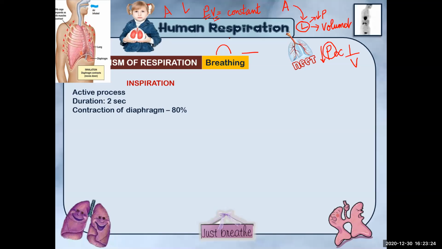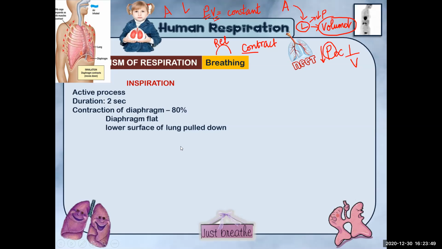So we did this. Dome shape is when the diaphragm is relaxed. Flattened is when the diaphragm is contracted. So to increase the volume of the lung, the diaphragm should contract. So inspiration will involve contraction of diaphragm. Diaphragm becomes flat.